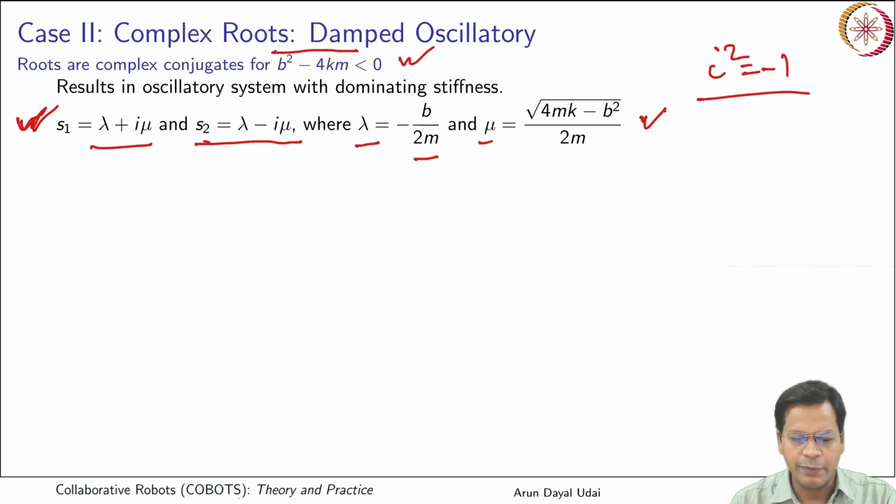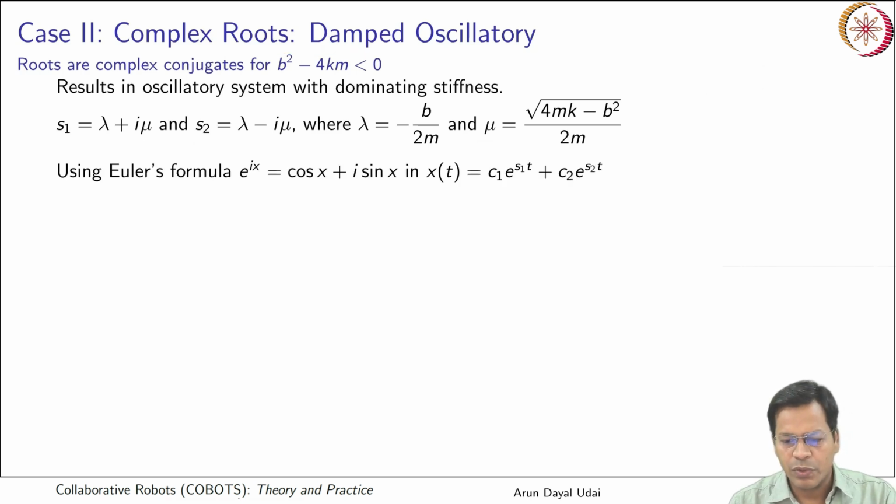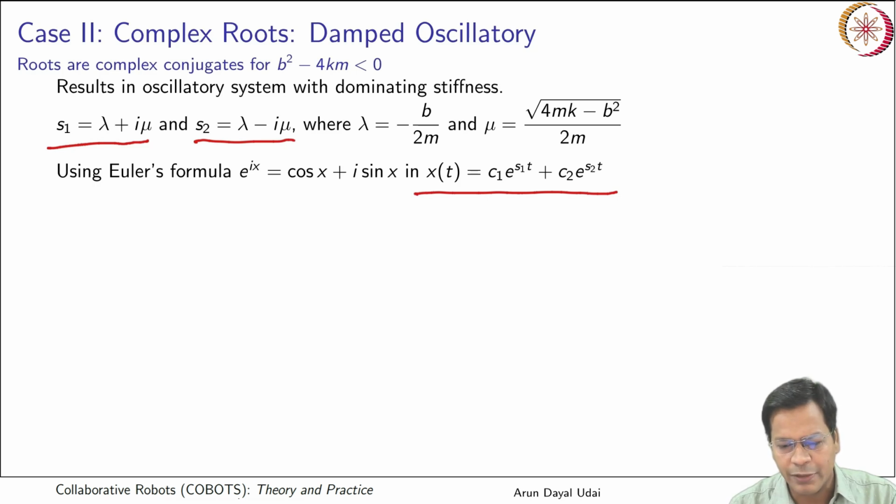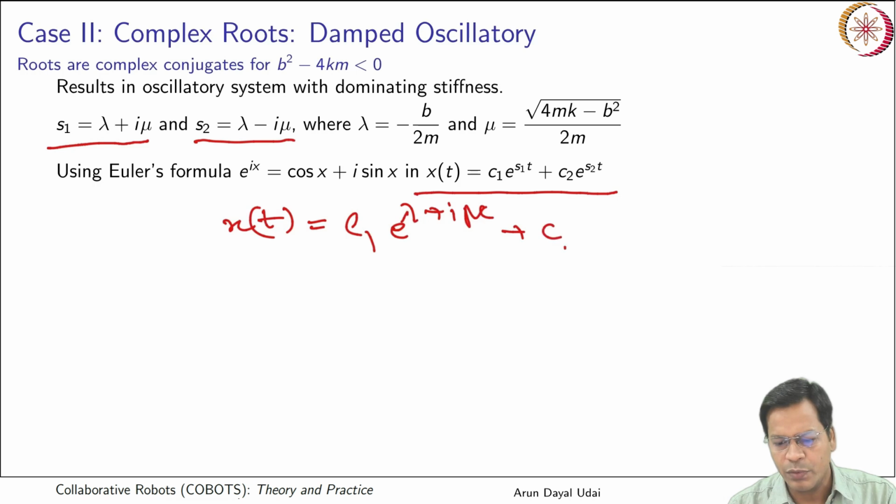I'll just put it here, and you substitute those values s1 and s2 into this equation. So what do you get? You can quickly write it as x(t) = c1 e^((lambda + i mu) t) plus c2 e^((lambda - i mu) t).